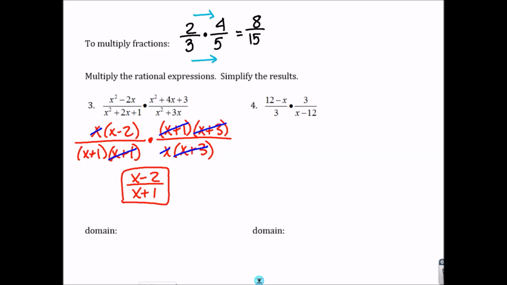When we do the domain for multiplication problems, we need to look at both denominators. And we are going to set both denominators equal to 0. So from the first fraction, we have x plus 1 times x plus 1.